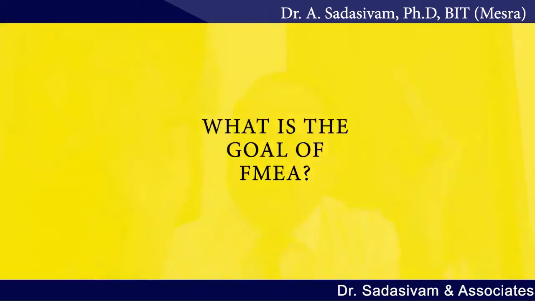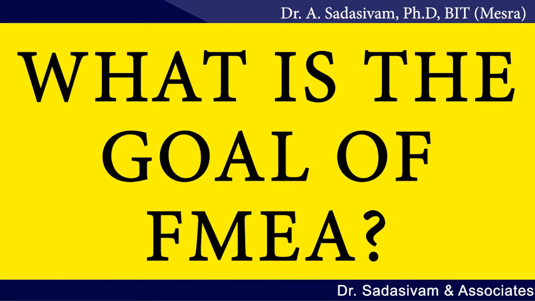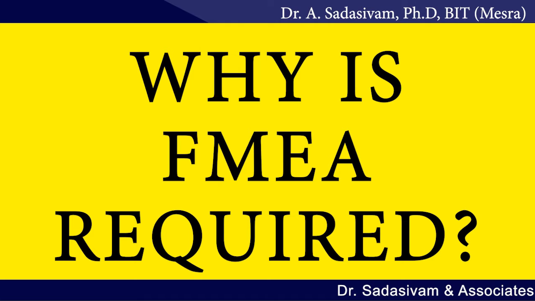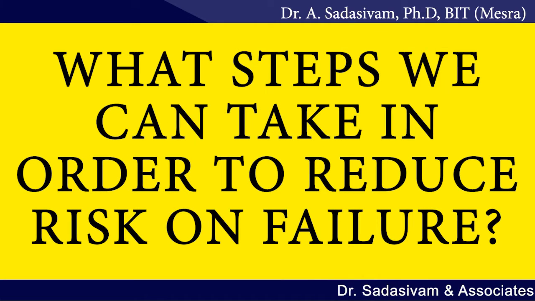So typically we are going to talk about two important things: what is the goal of FMEA, and why is it required. If you talk about the goals, it is about what steps we can take to reduce risk or failure.